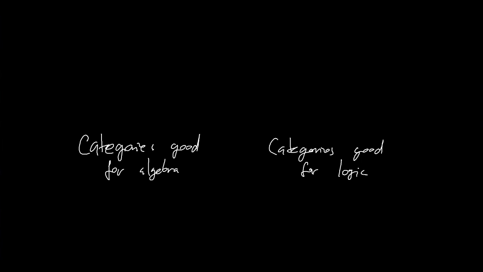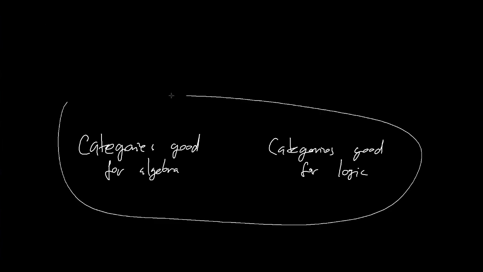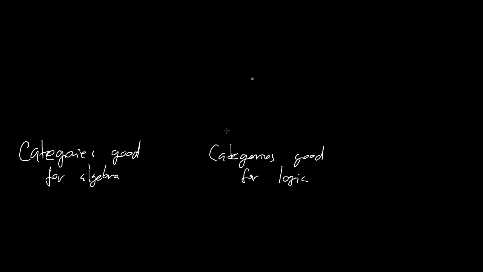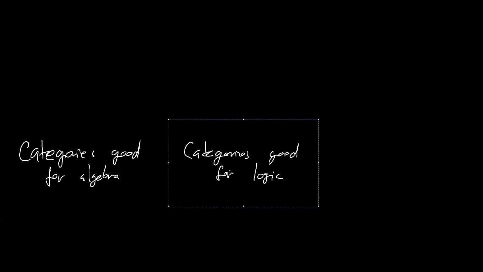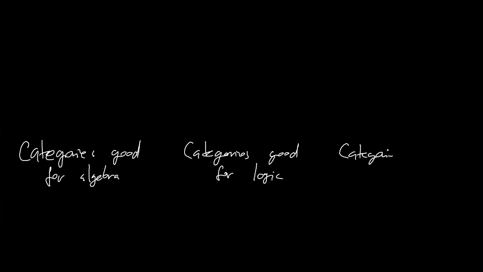There's something called a topos, for instance, which is a universe inside which you can do mathematics, just like in the category of sets. And then you also get categories which are good for geometry, let's say topology rather.